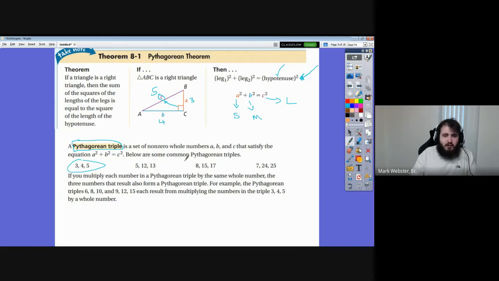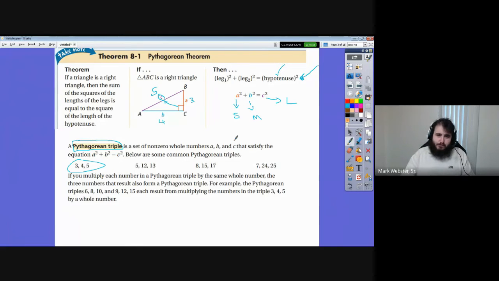Any multiples of a known Pythagorean triple is also a Pythagorean triple. That's just a fact based on what we talked about last unit with similarity. If you double the length of the sides consistently, the angle measures stay the same. Therefore, you still have a right triangle.